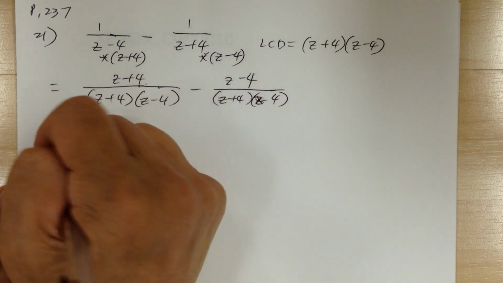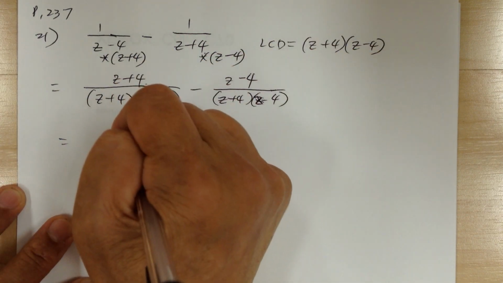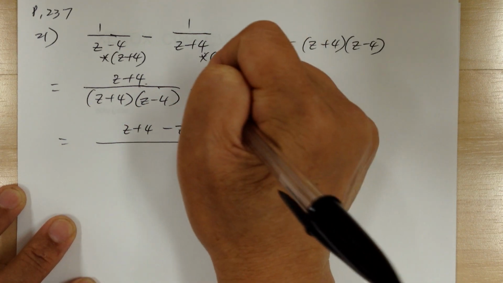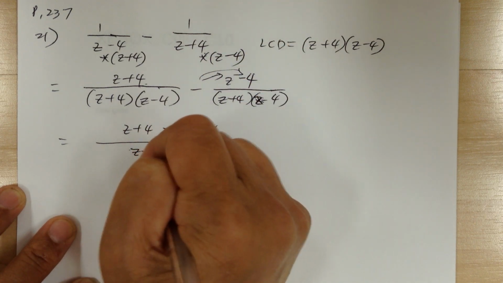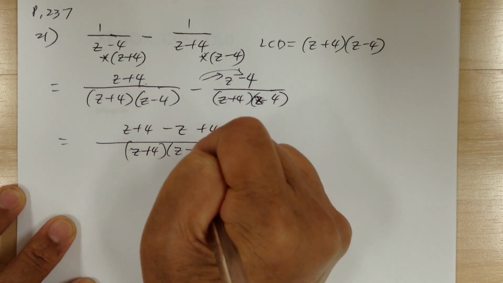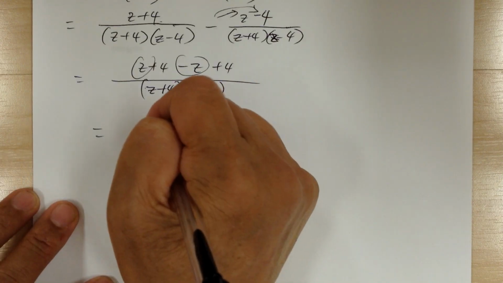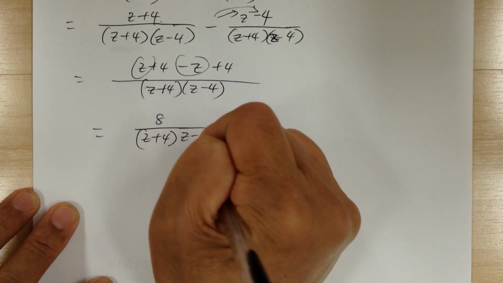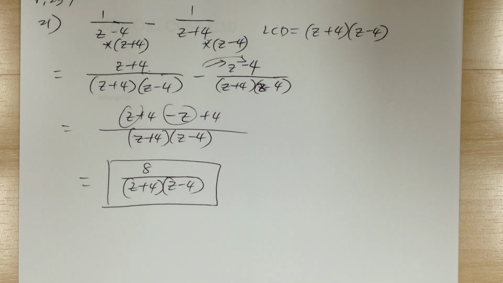Again, it's a subtraction, so you need to do the extra step of changing the sign. So you've got z plus 4 minus z plus 4. Right, you have to distribute. Okay, the z and the minus z will cancel out, so this will equal 8 over z plus 4, z minus 4.